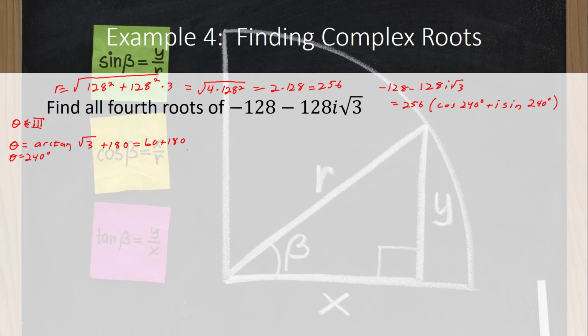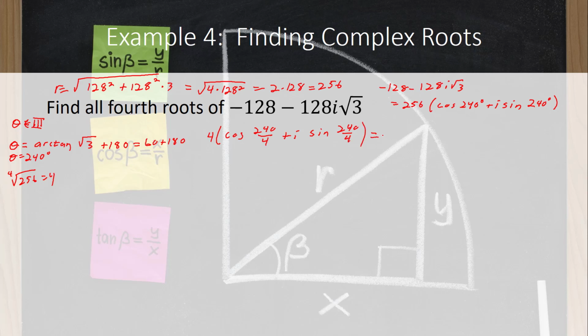The first thing is the 4th root of 256 is equal to 4. So the first root is going to be 4 times the cosine of 240 divided by 4 plus I times the sine of 240 divided by 4.